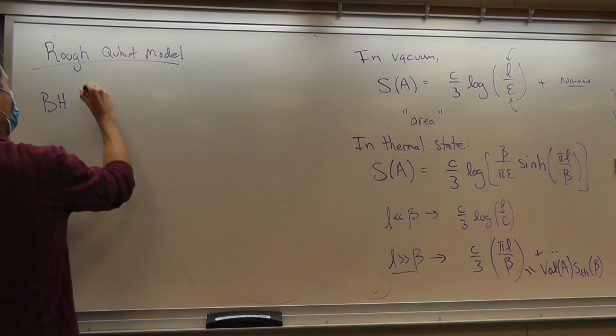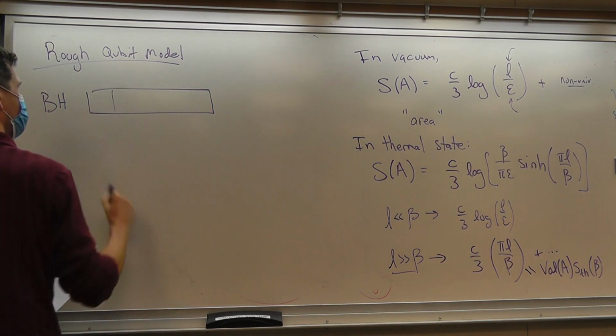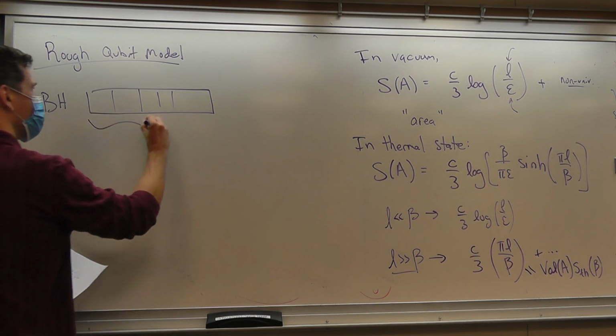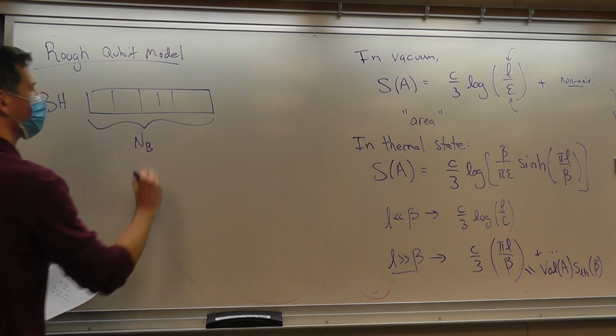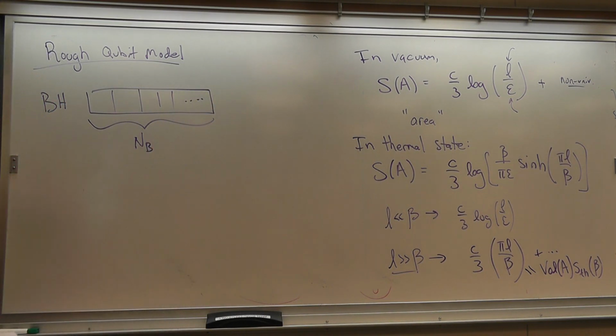Imagine that the black hole is just a bunch of qubits. There's N_B of them, and that's in some quantum state of the N_B qubits.